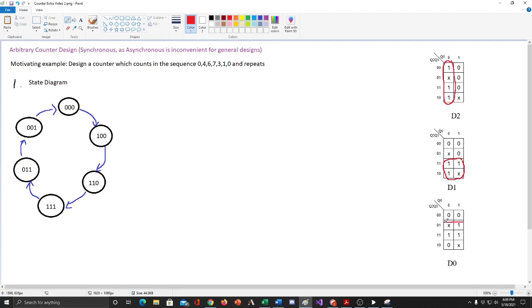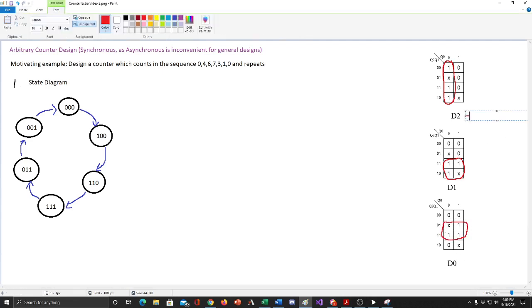Then 3 1s again, and we get them in this group of 4. And so D2 is equal to Q0 bar, D1 is equal to Q2, and D0 is equal to Q1, I think. Yes, Q1.